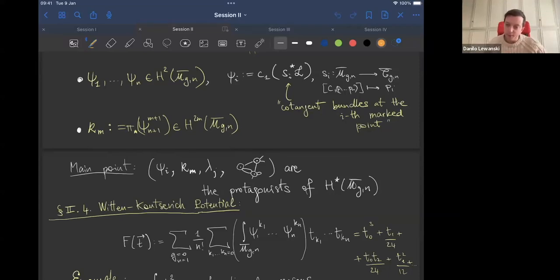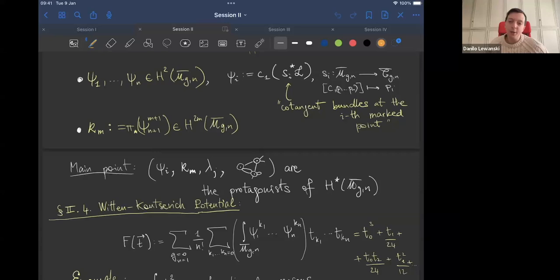So you have s_1, s_2, s_3 up to s_n. And they will just take a curve C with marked points p_1 to p_n, and we just associate the point p_i to it. So now basically you're taking the cotangent space at the point p_i of the curve. This is what you're doing, really.